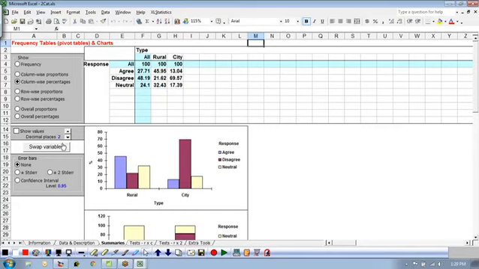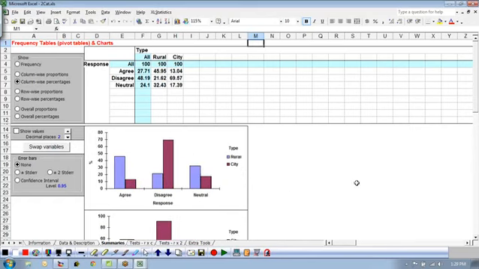Another way of looking at this, and I often like this when I have 2 cat variables, sometimes one view is better than another one. And here's the one that, in this case, I think works better. If there were no differences between any of these groups, in other words, if we just got 33%, 33%, 33% all the way across, and that there was no preference for agree and disagree, it would be flat.